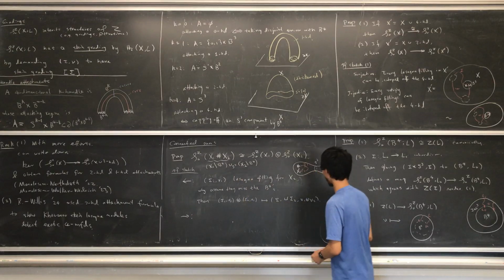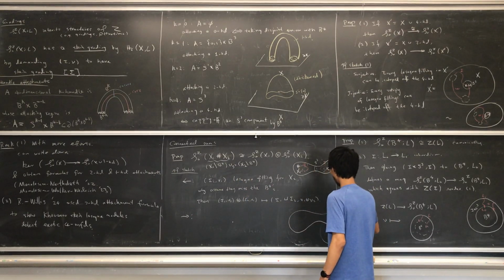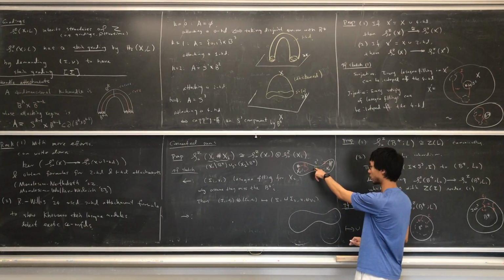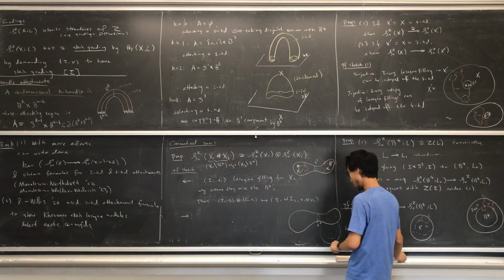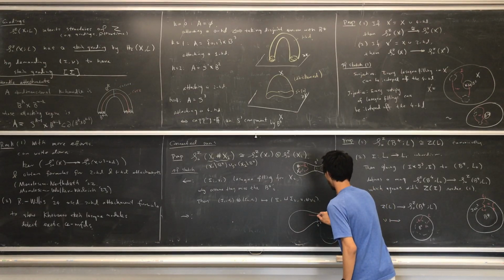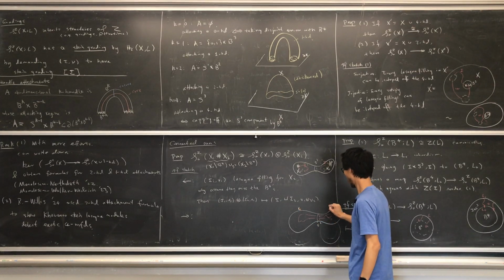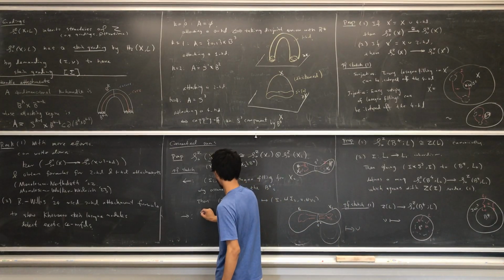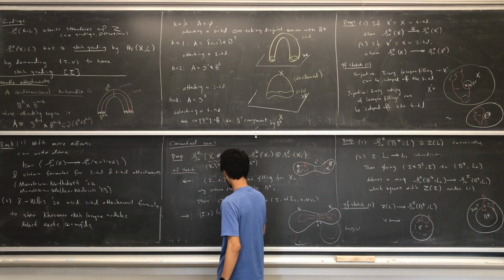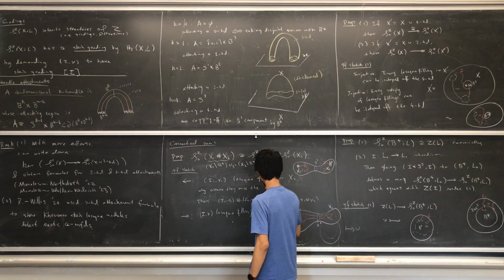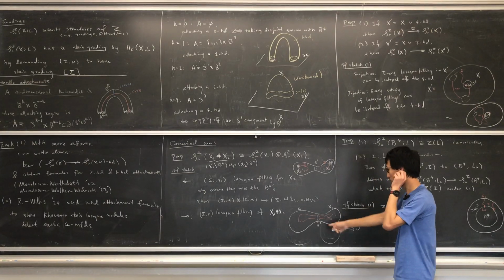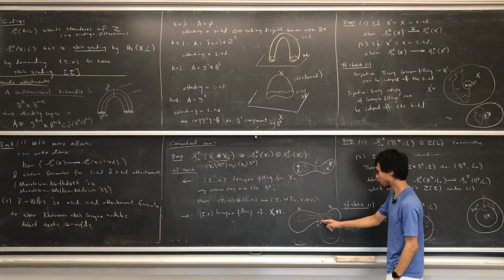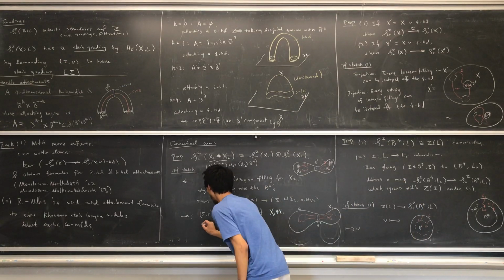The map in the forward direction is slightly more interesting because a priori, a given lasagna filling may indeed intersect the middle three-sphere.